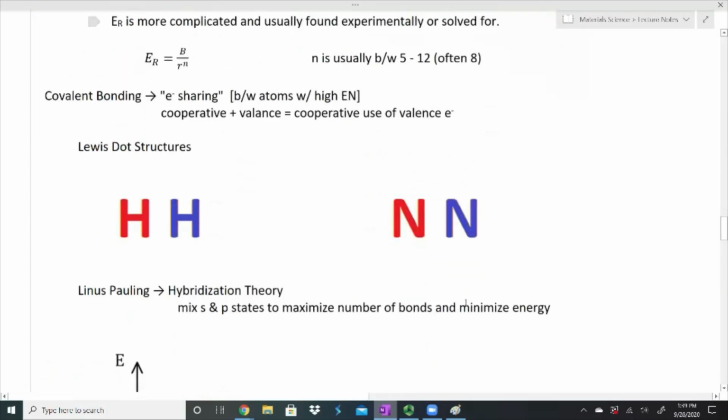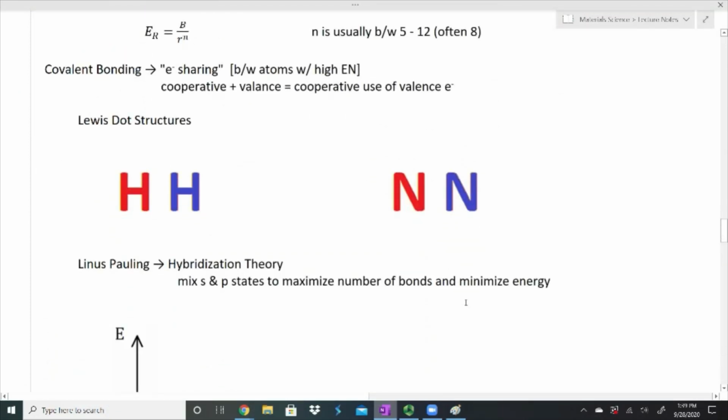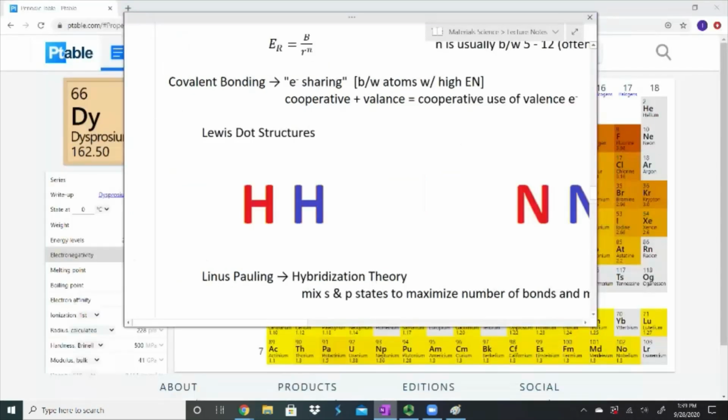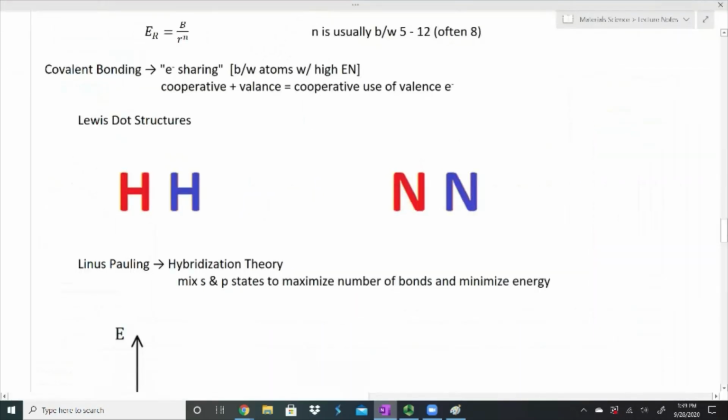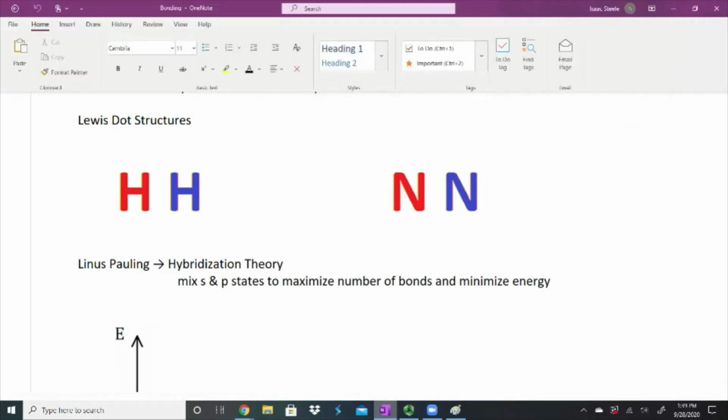So covalent bonding, possibly in your chemistry, you did Lewis dot structures. We're going to talk about these briefly and do a few of them. All right, here we go.